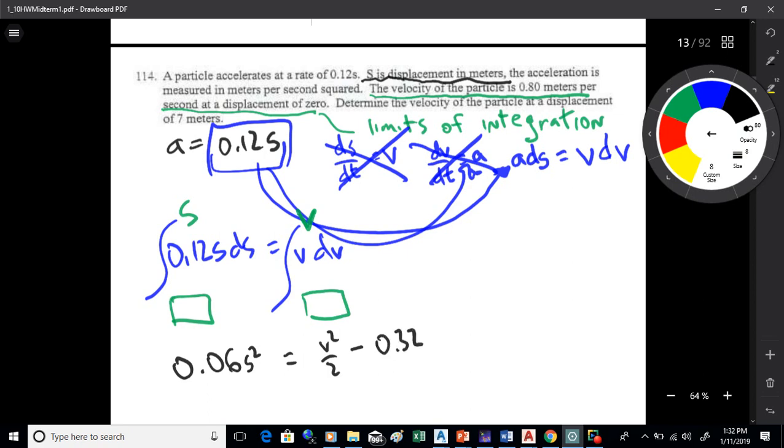So that's what I ended up with when I ran through that integral, okay? And I had to do a little bit of algebra on that thing to get that worked out, and then plug in s, and then solve for v, and v comes out to be 2.55 meters per second. Okay.